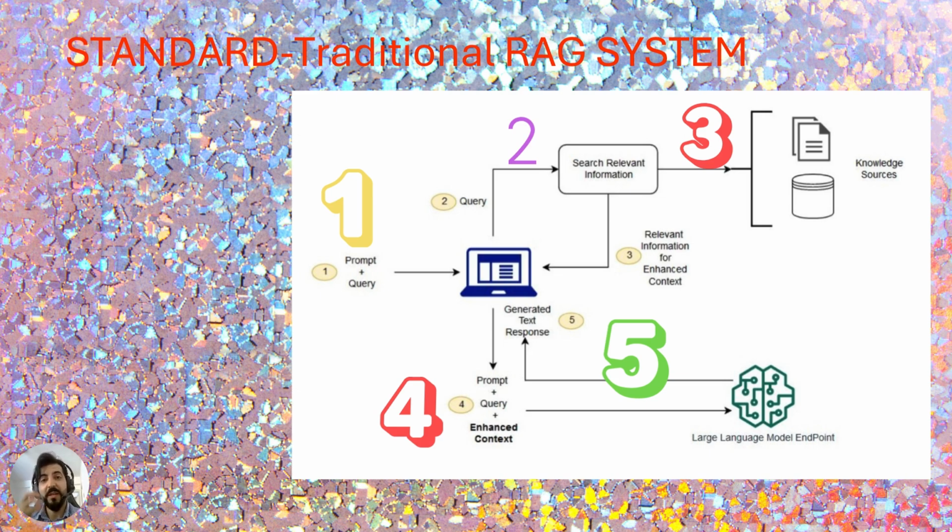Then this model takes this pair of user question along with the retrieved context and forms it, and for cohesion and accuracy provides the generated output on the chatbot, right? This is nothing but a chatbot. So this is how the standard traditional RAG system works.